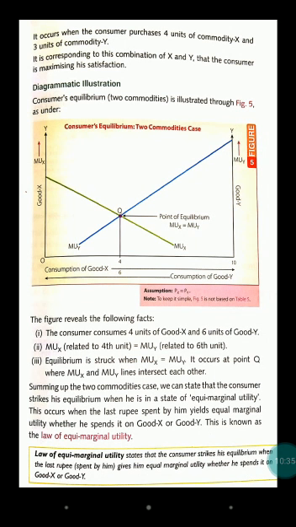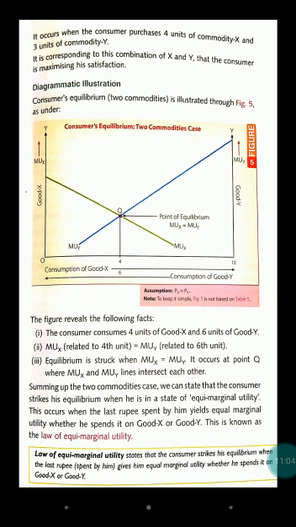The point where both MUX and MUY intersect is the point of consumer's equilibrium, where MUX is equal to MUY. This figure reveals that the consumer consumed 4 units of X and 6 units of Y. Equilibrium is struck when MUX is equal to MUY.